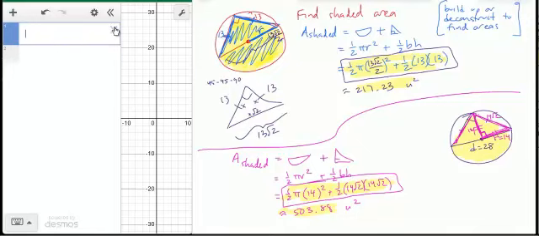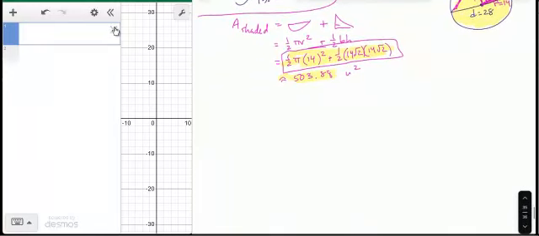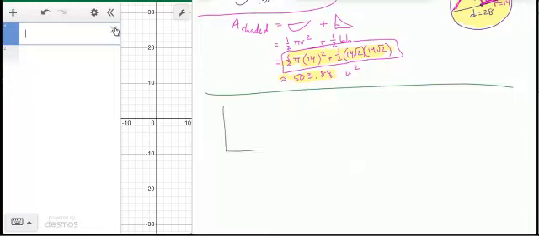Okay, the other type that you're going to see here, where it's more along the line of breaking it down, is going to look like this. See if you can find this shaded region, please.